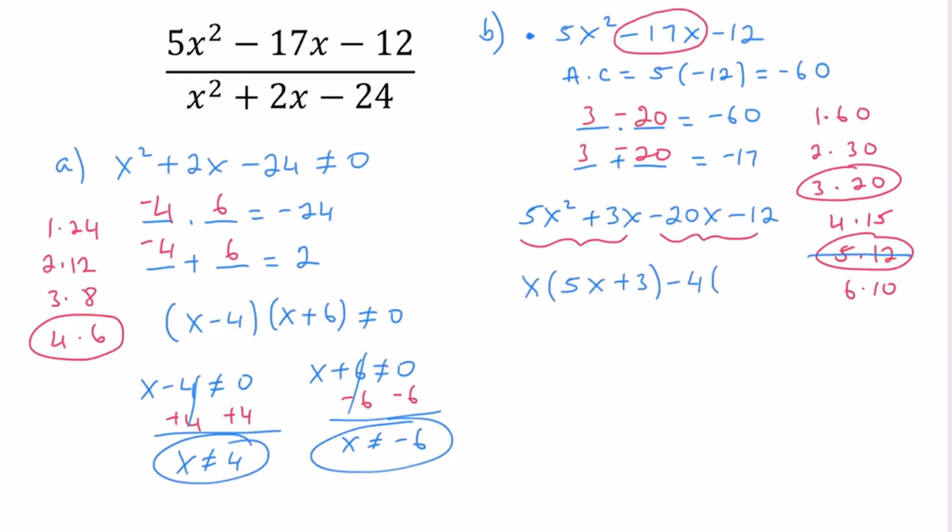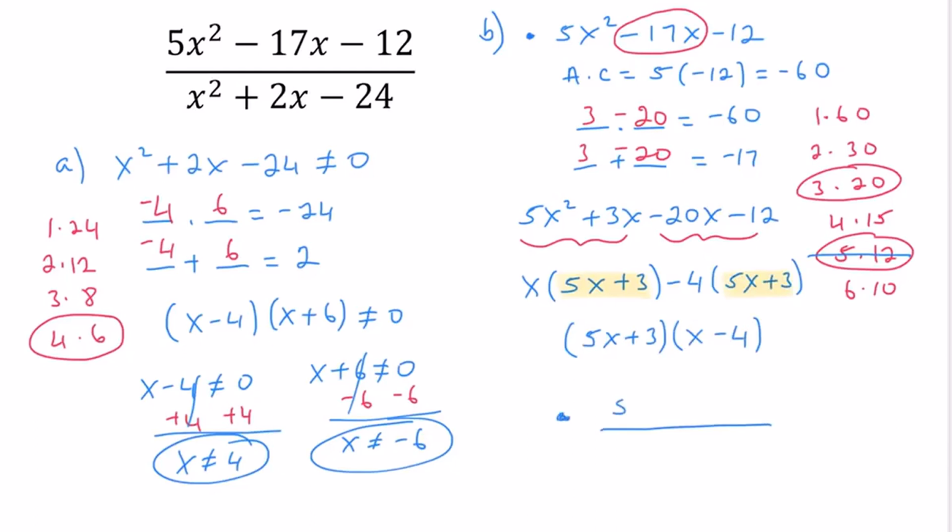Pull out minus 4, and we have 5x plus 3 left over inside the parentheses. So here, inside the parentheses, they are the same. So that is one group. The outside, x minus 4, is the other group. So that is our factor.